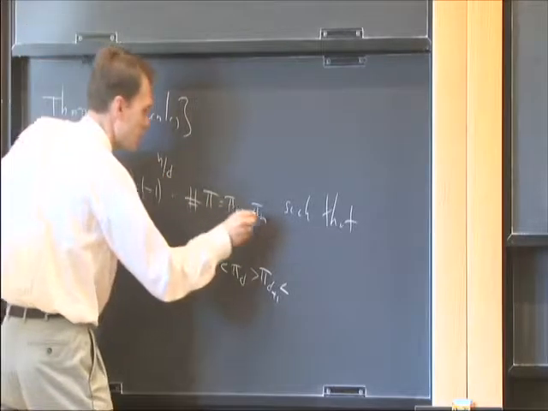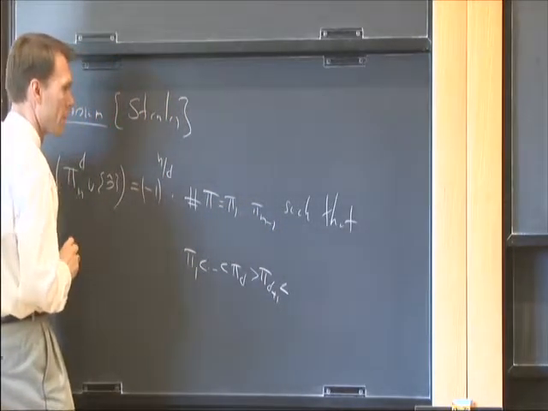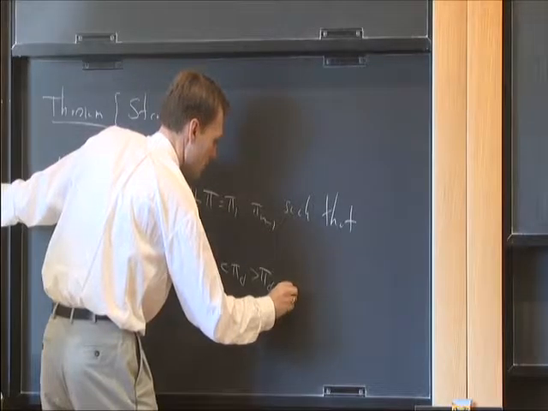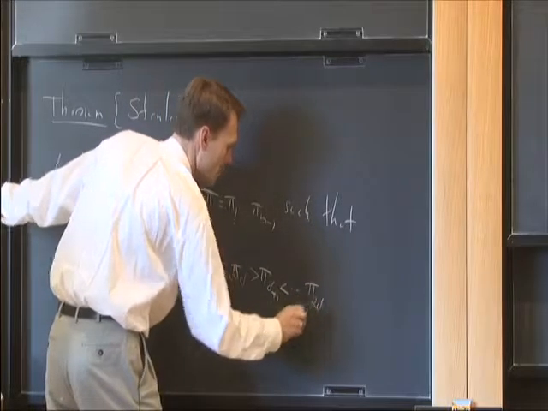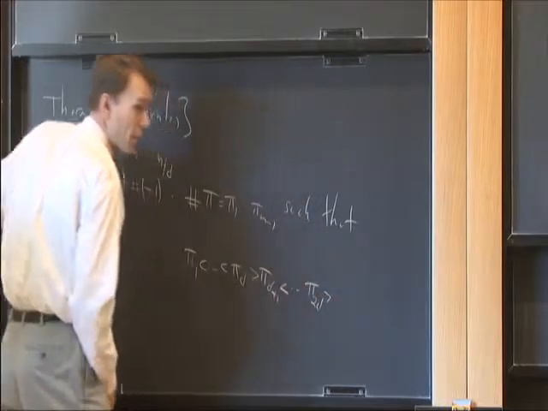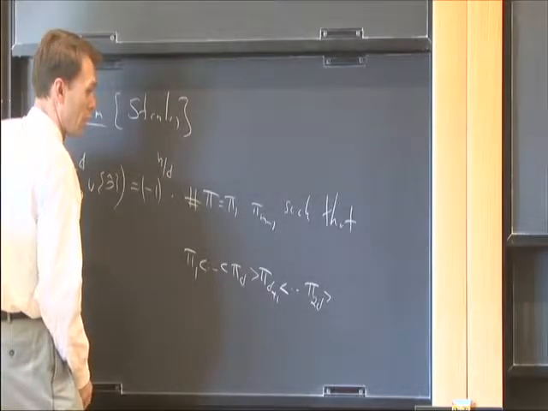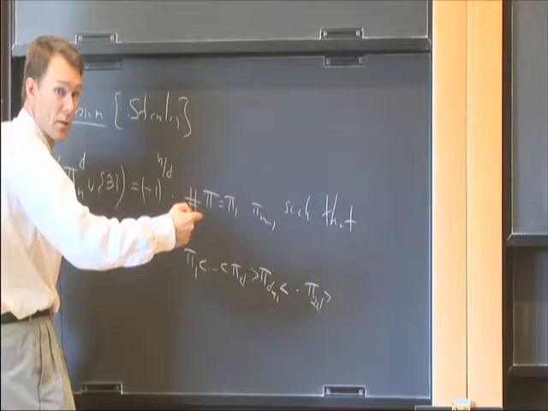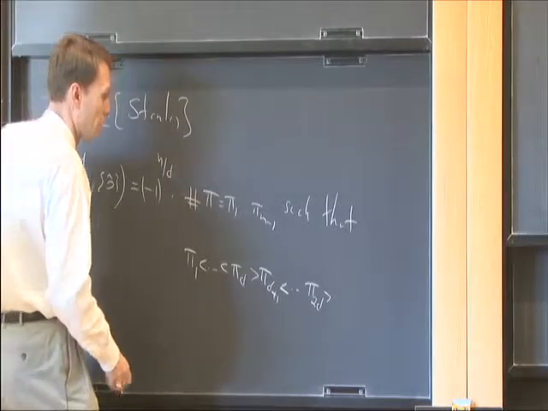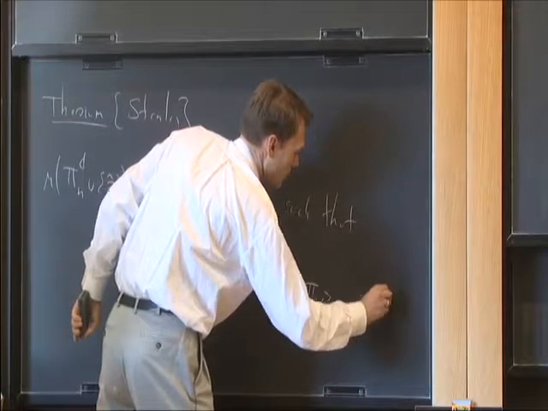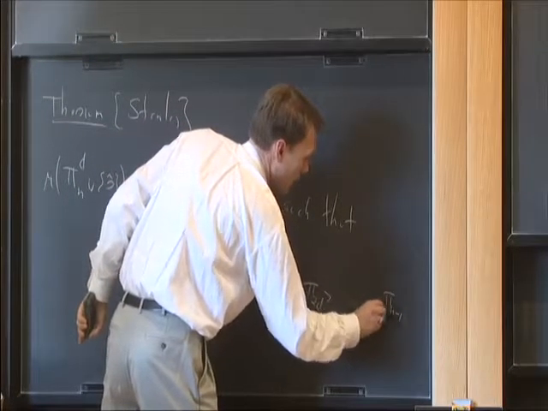Oh, I lied. It's a minus 1 here at the moment. And then I go up to pi 2d, and then I go down. So at every d-th position, the permutation goes down, all the way to pi n minus 1 here.